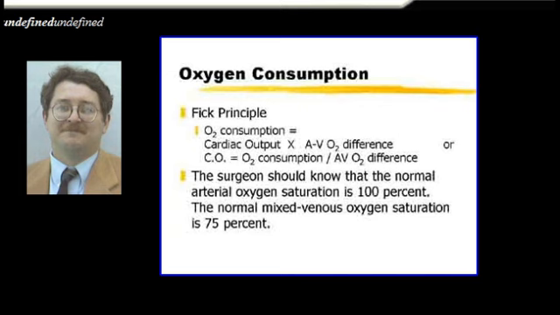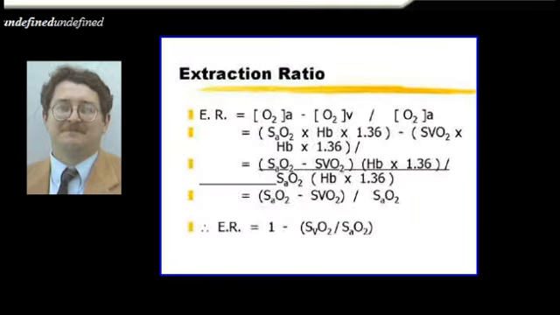In the normal clinical situation, arterial oxygen saturation is near 100%, and the normal mixed venous oxygen saturation is approximately 75%. You can rearrange these terms mathematically to come up with an extraction ratio, which is the amount of the delivered oxygen that is utilized by the tissues.